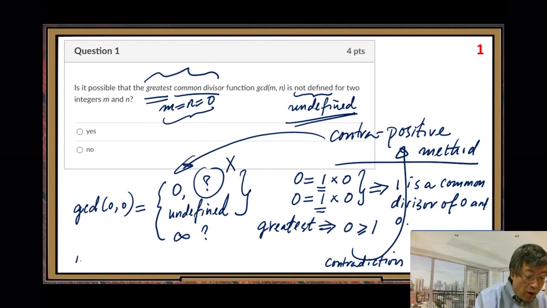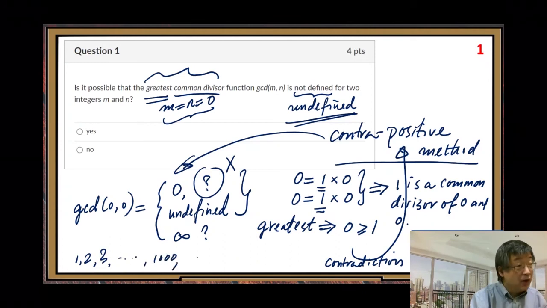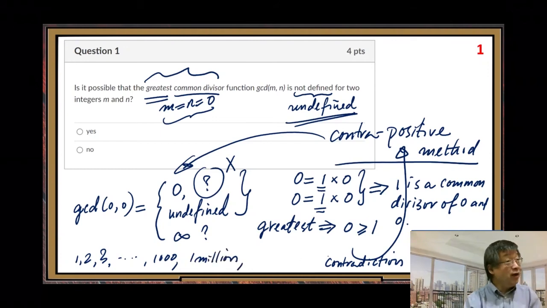Because 1 is a common divisor, 2 is a common divisor, 3 is a common divisor, and so on. 1,000 is a common divisor, 1 million is also a common divisor, 1 billion is a common divisor. You can never find the largest common divisor. So then infinity?